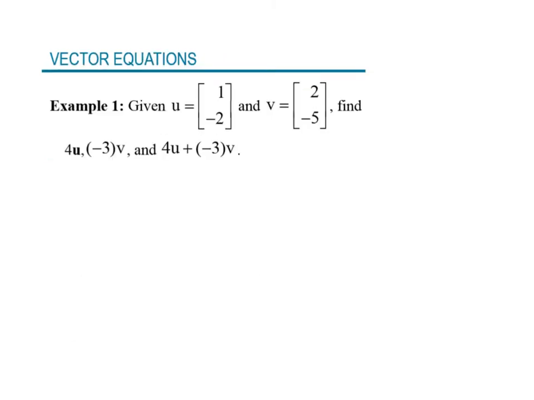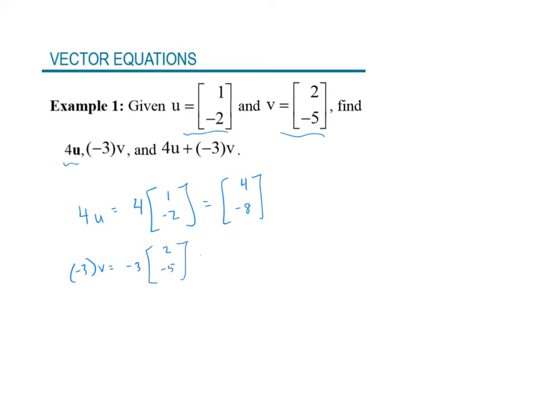We'll look at a quick example here where I have a vector u with those entries, and a vector v with those entries. And first I want to find 4u. Okay, so I find 4 times the vector u by multiplying 4 times that column vector, and we're going to multiply it by each individual entry in the vector. All right, and then negative 3 times v, we're going to multiply negative 3 times each entry in the v vector, and that's going to give me negative 6, positive 15.